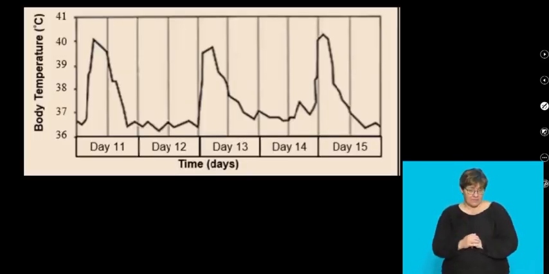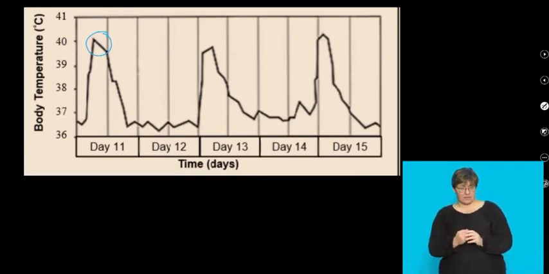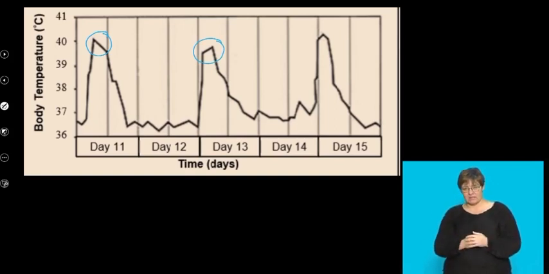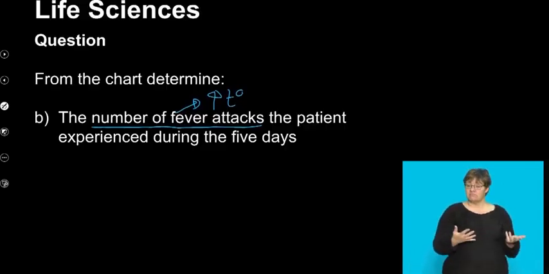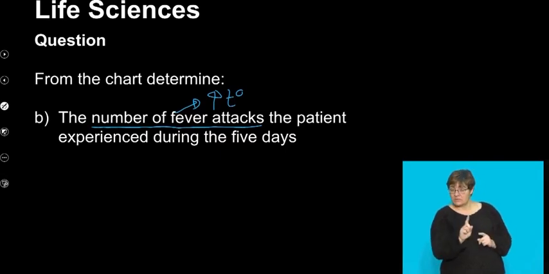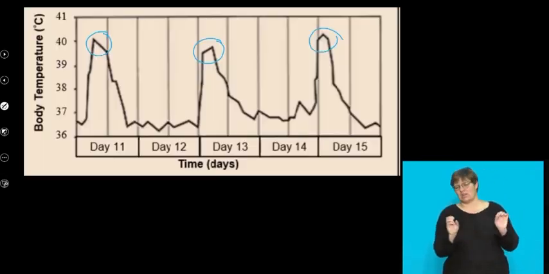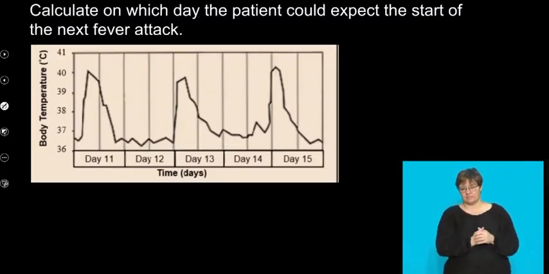So if we have a look at our graph, we have one spike over here, then our temperature goes down again. We have another spike over here, and then our temperature goes down again, and we have a third spike over there. So the number of fever attacks would just be 3. That's all we have to put, no units of measurement, because we're not looking at anything else.